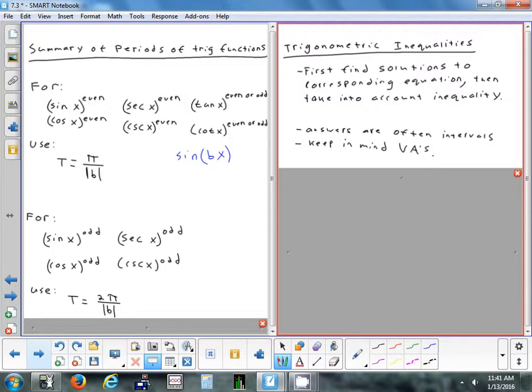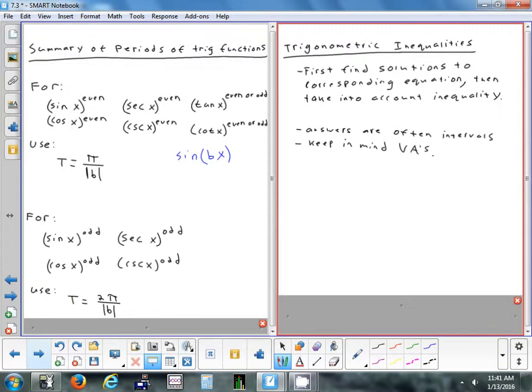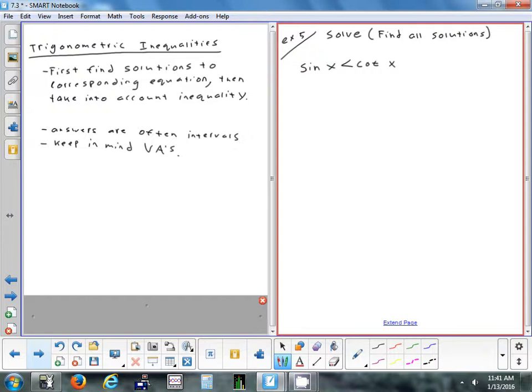Just like we did on answers. The only time you wouldn't have to put the plus 2 pi n is if they said find all answers between and they gave you 2 numbers. If they say find all, you got to put the 2 pi or the pi in.